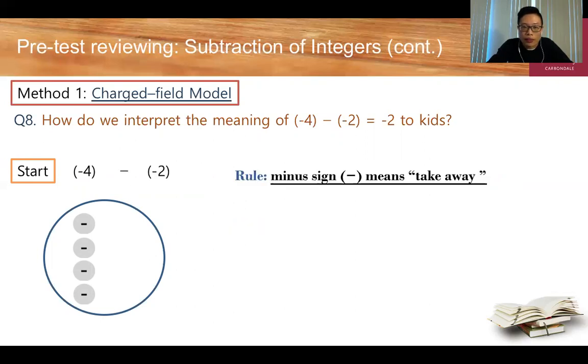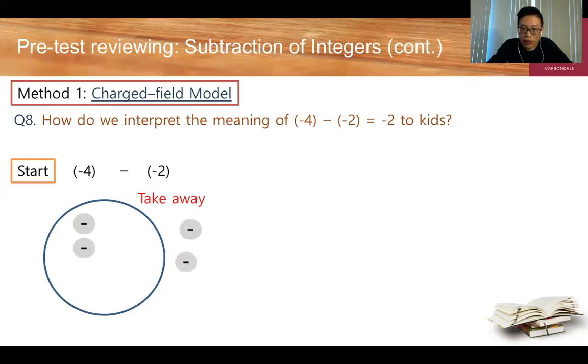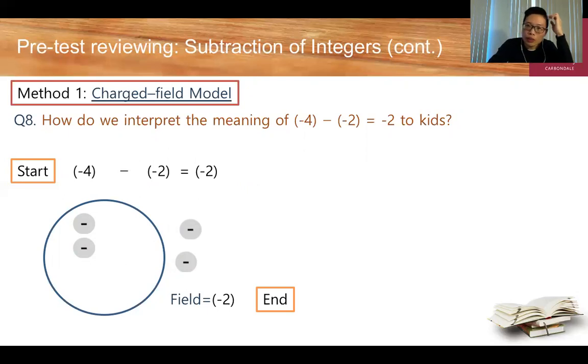And we minus -2. That means we take away 2 neutrons from the field. So how many neutrons are left in the field right now? You can see there are 2 neutrons left in the field. So the answer for this will be -2. Pretty simple case for this question.